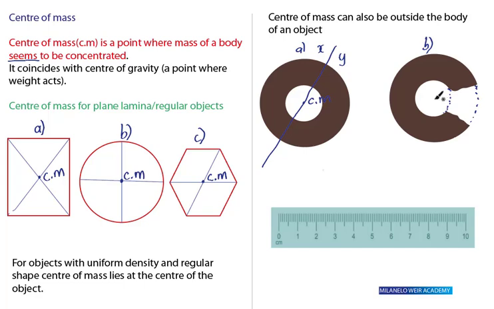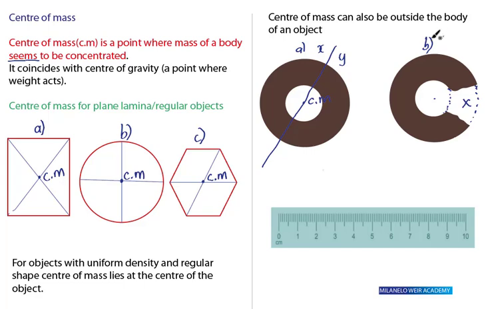So initially the center of mass was here, right? That's where it was, but we removed some part of this ring on the right hand side here.